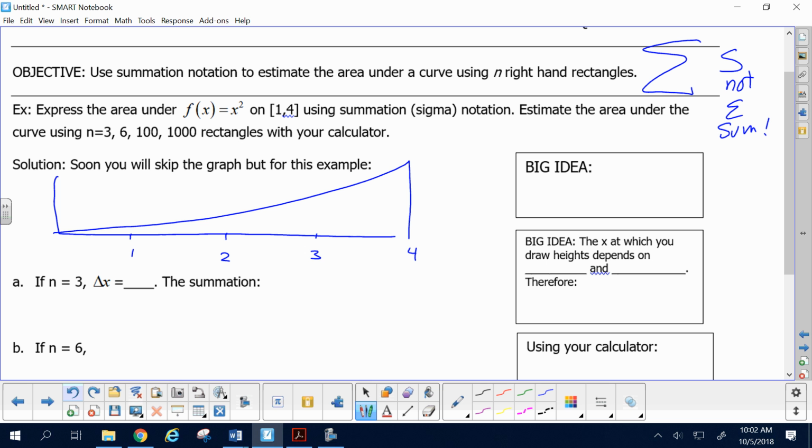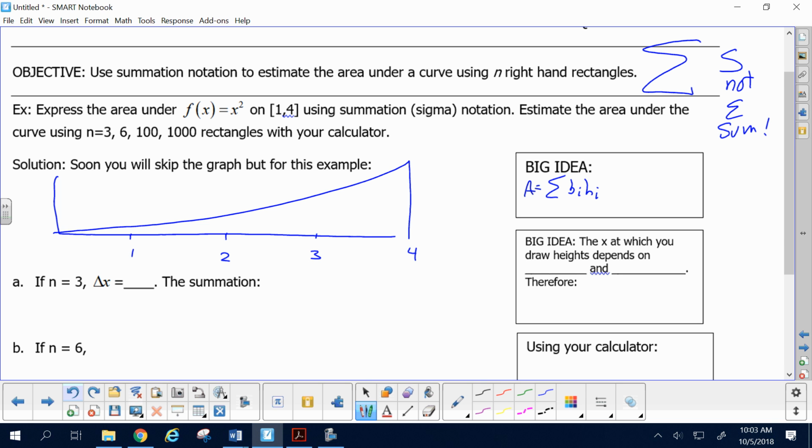So, here's the deal. I think you'll agree that the area is many rectangles. Now, instead of base 1, height 1, base 2, height 2, let's call it the sum of base i, height i.